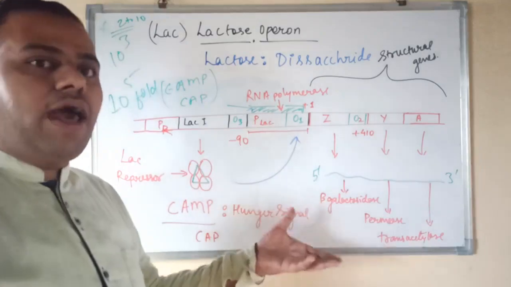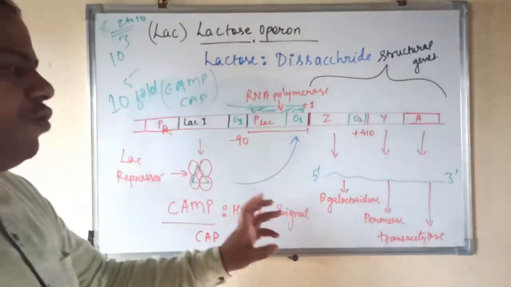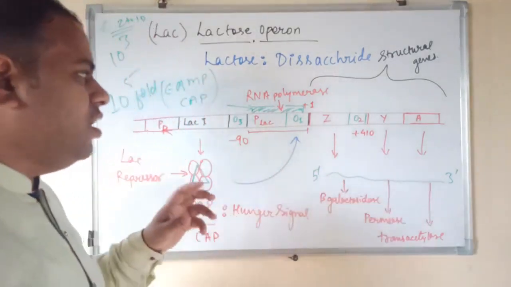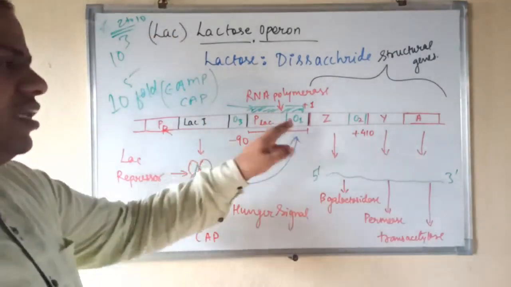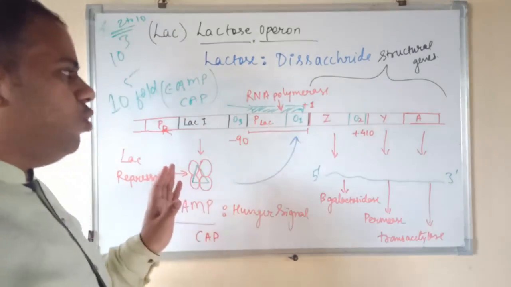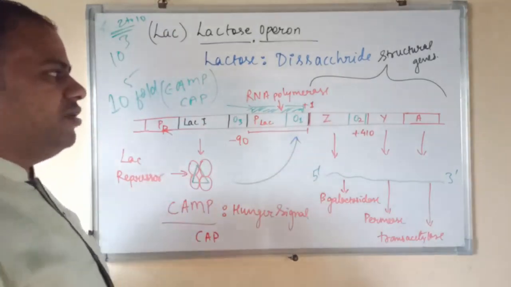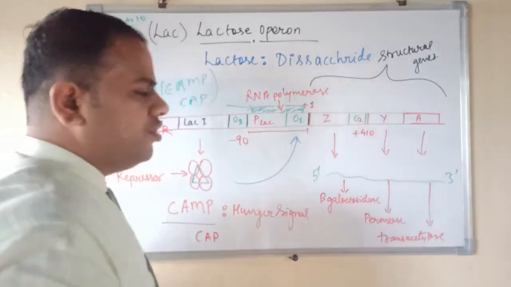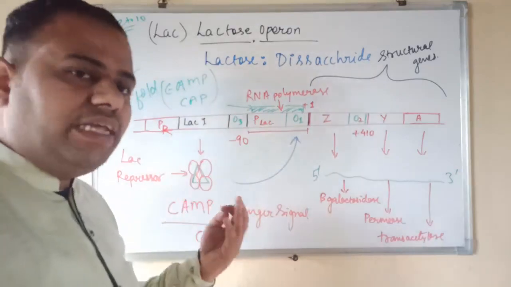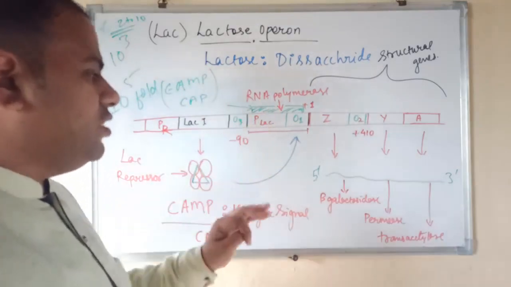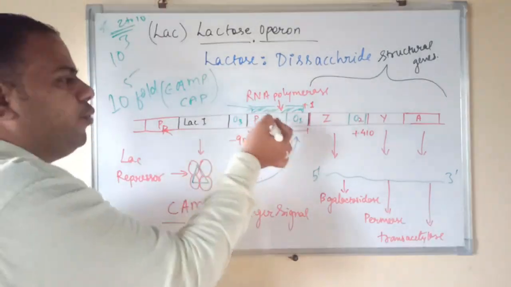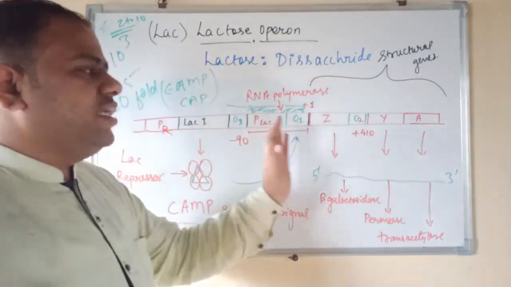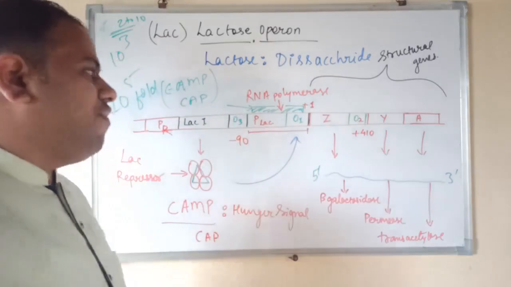So here the requirement is not there, but at least a few of the gene products should be present inside the cell. So therefore the transcription proceeds at a very basal rate when the repressor is binding at this position. Okay, so once the repressor is removed, the cell starts to synthesize all the 3 enzymes, and if the requirement is acute for energy from this lactose, at that time this cyclic AMP and cap protein bind at this position and ZYA genes are synthesized in a very fast manner.